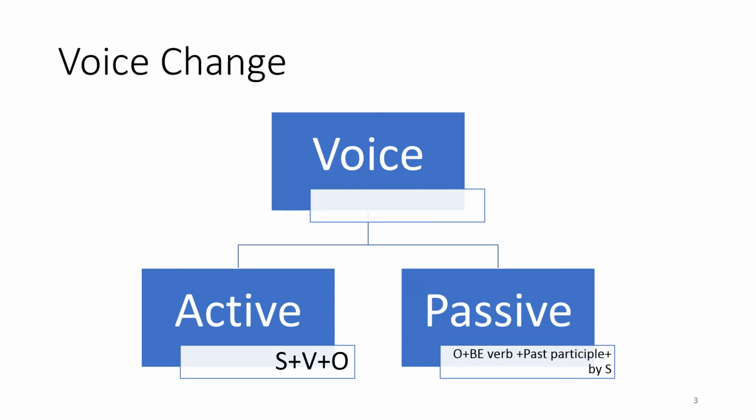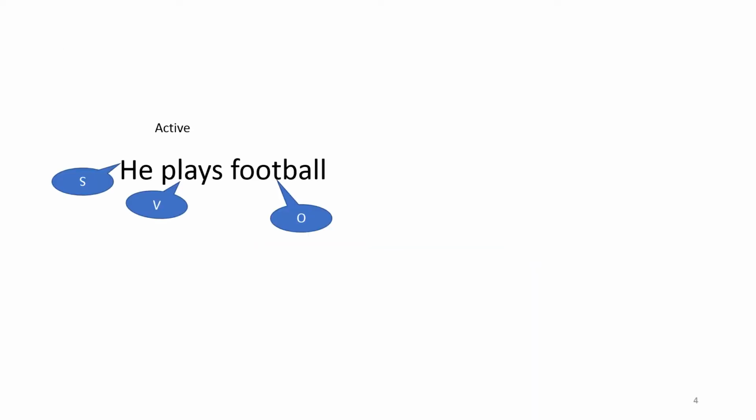So let's see an example. Now we'll see how the active sentence looks. As I said earlier, an active sentence will consist of subject, verb and object. In this case, he is the subject, play is the verb, football is the object.